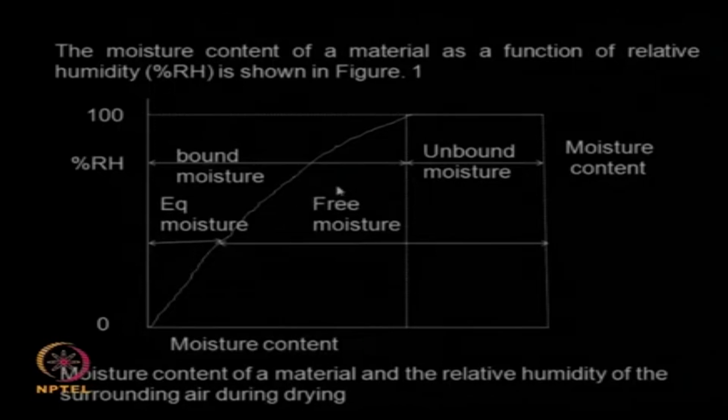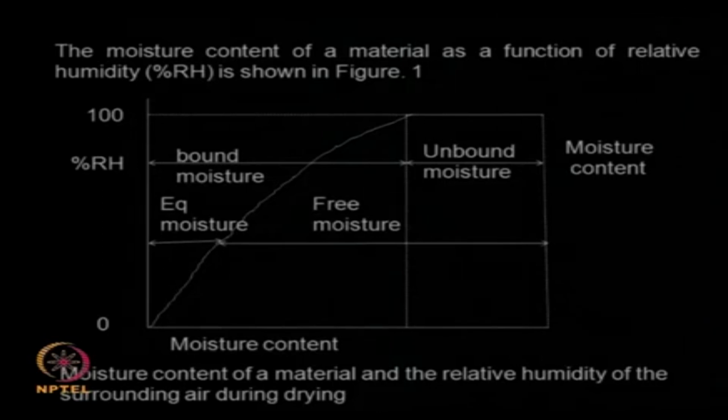Now you also have two types of moisture, one is called the unbound moisture, the other is called the bound moisture. Unbound moisture is much easier to remove, whereas it is much more difficult to remove bound moisture.